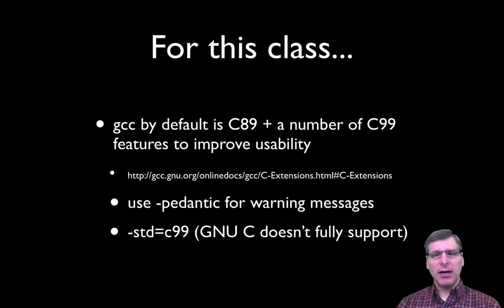You can read about some of the C99 extensions by following the link I have here. There's some other interesting options. For example, if you want to see more warning messages, you can put a -pedantic when you compile. And then finally, on the GNU compiler, you can also put -std=c99, and you will get some of the C99 features, but not all.